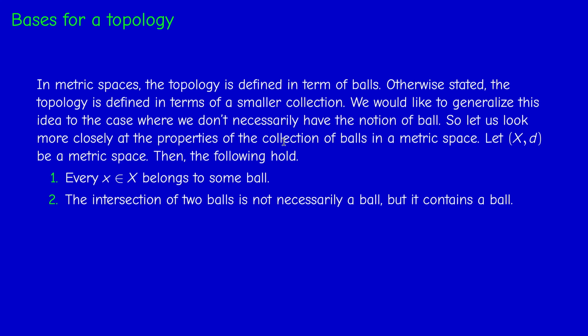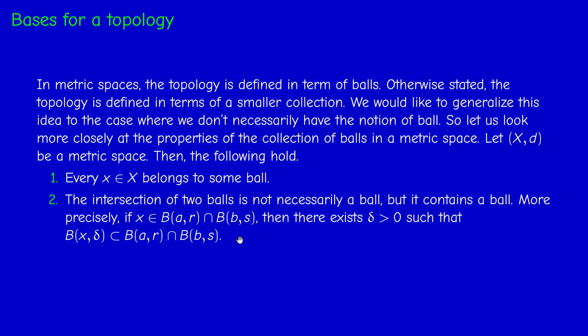We did that in second year. Not terribly difficult. And I take these two properties now as a definition of a basis. Actually, I wrote the proof here. If we consider the intersection of two balls, B(A, R) and B(B, S), we can find a third ball of center X and radius delta contained in the intersection, as you can see on the figure.